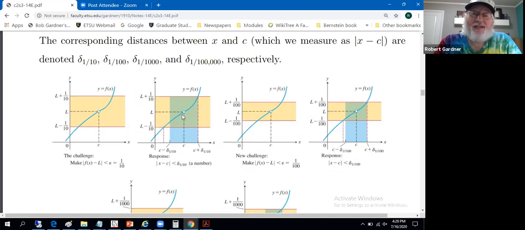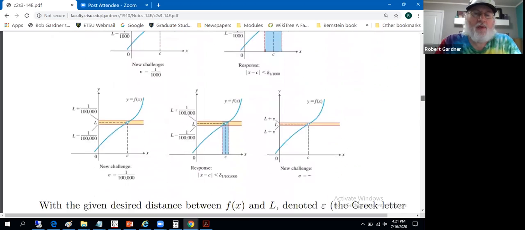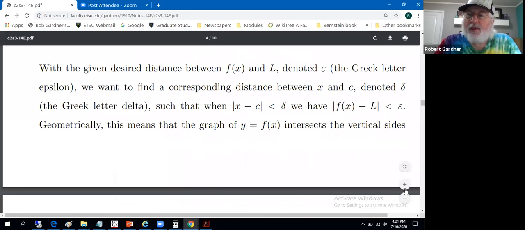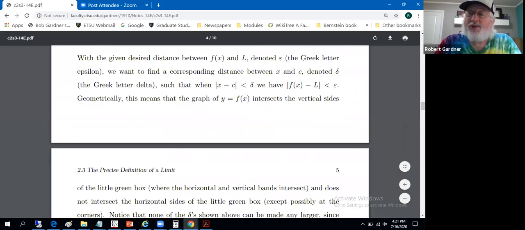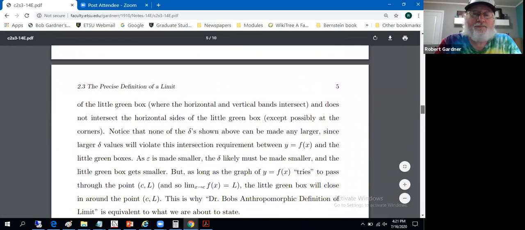I mean, you'd get less of the curve, but you'd still have the curve lying inside the yellow band. Geometrically, you've chosen the biggest delta value possible when you get it intersecting a corner like that. And we'll usually choose the delta values like that. It'll come naturally out of the algebra.